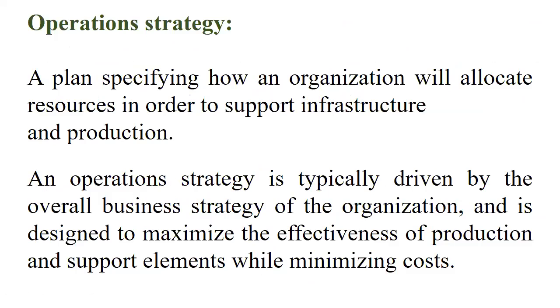So operations means it's a plan an organization makes, getting the resources pulled up and supporting the infrastructure and the production. Because if an organization has to do its best, we have to produce something and do sales, then get the cash back on those goods.